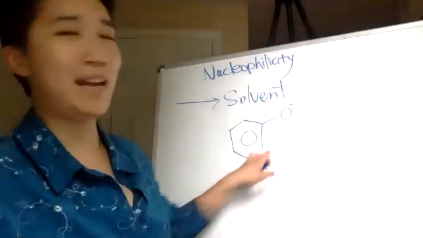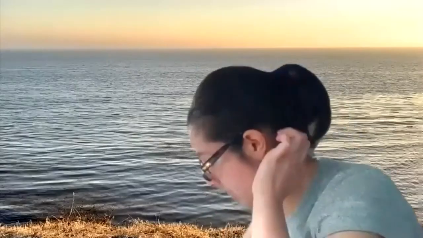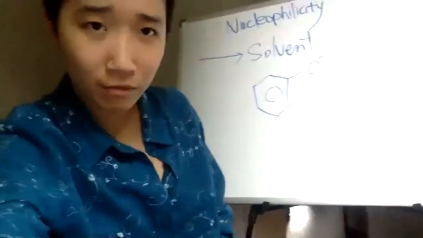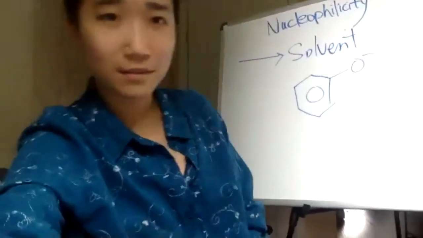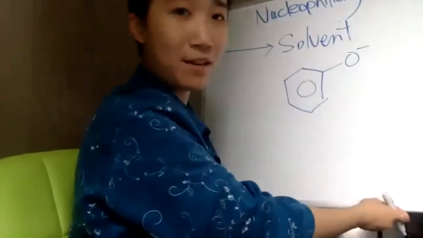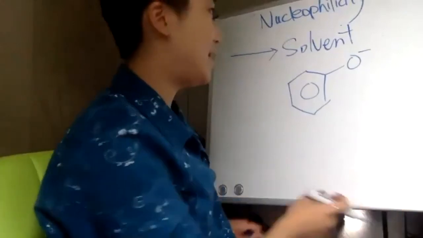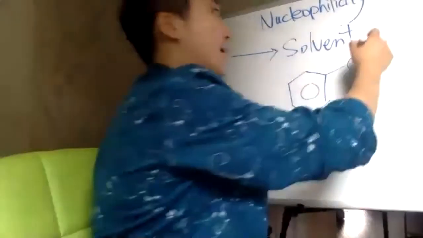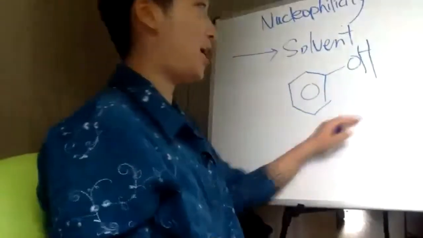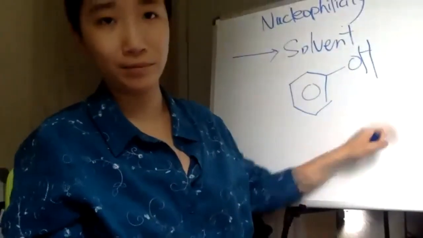This is the PhO minus. I don't know if you can see it. Lights are terrible in my kitchen. I apologize. This is the PhO minus, and with an H, it will be PhOH, which is phenol, an alcohol.